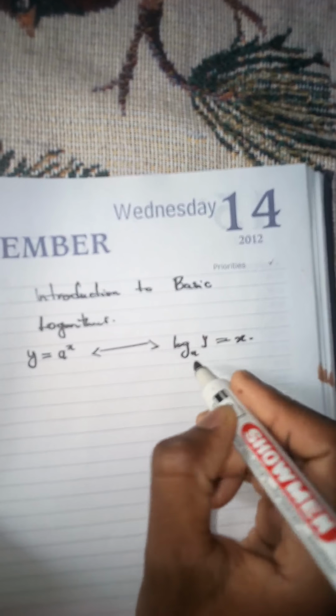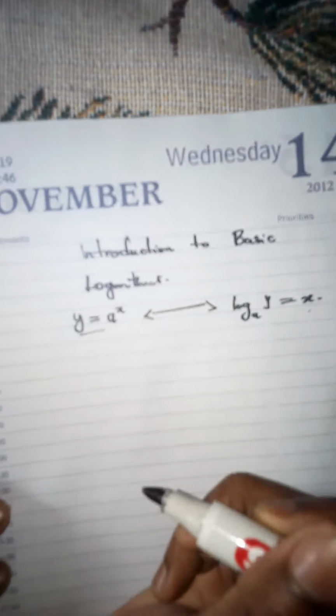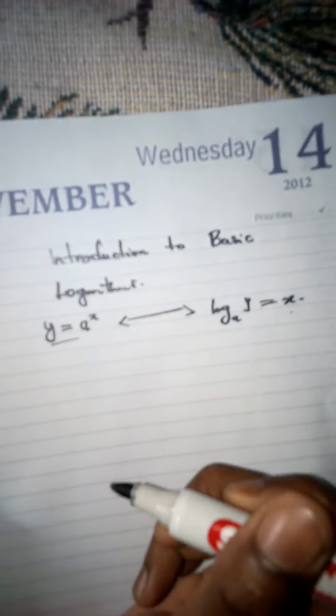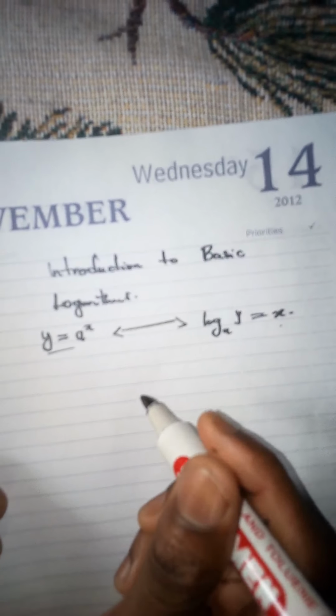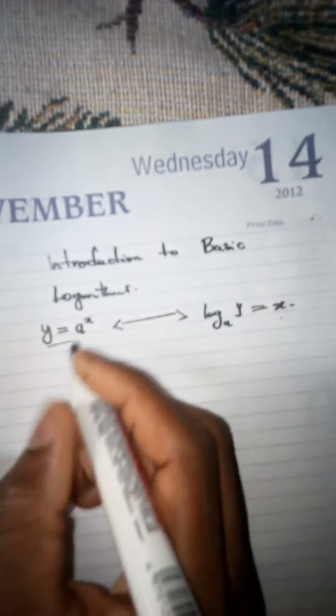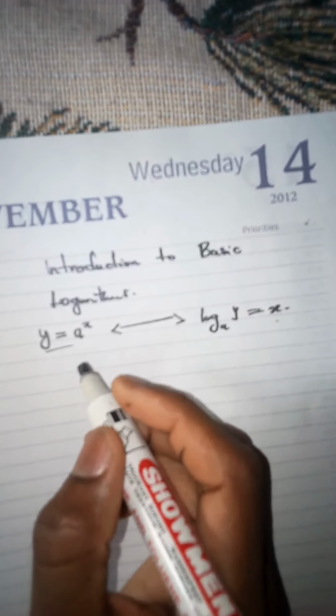So this logarithmic equation is the inverse of this exponential equation. You must be familiar with this stuff. Now, how can we derive a logarithmic equation from an exponential equation?